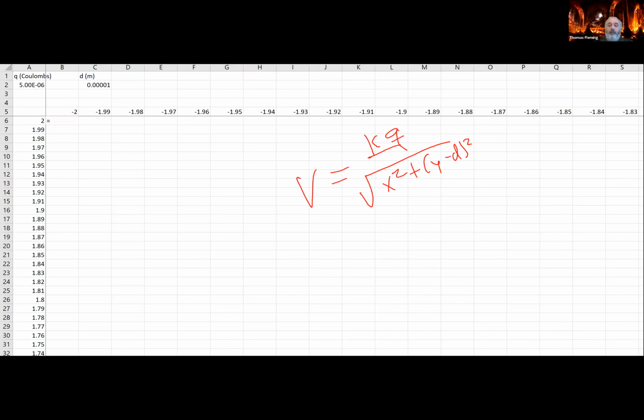And so when I stop sharing, because I want you to do it yourself, on the bottom, you're going to have a square root function.